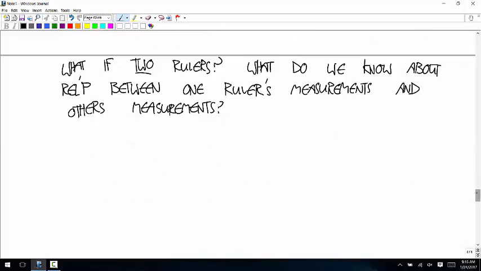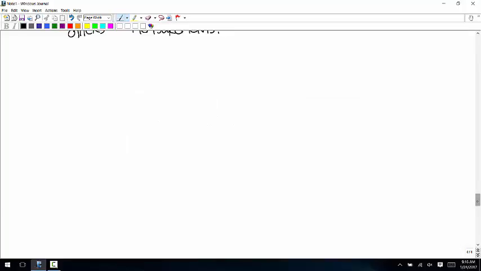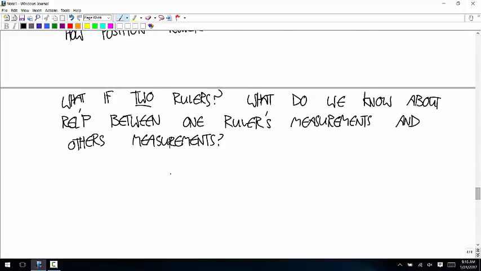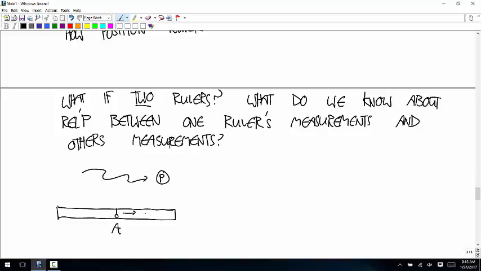Okay, so let me draw the picture. So let's say we're tracking the motion of this particle P. You know, it's doing its thing. And we have two ways of measuring that. Let's say this is the ruler A, where that's the zero, that's the positive direction. And this is the ruler B.